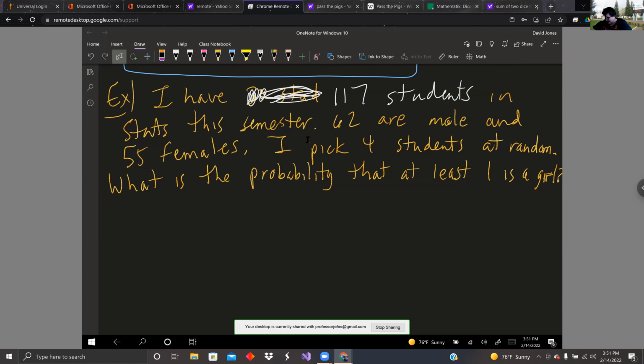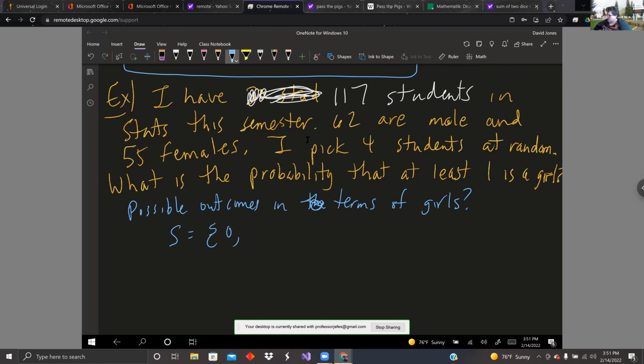Okay, so what are my possible outcomes in terms of girls? My sample space, my sample set, I could choose 0, 1, 2, 3, 4.